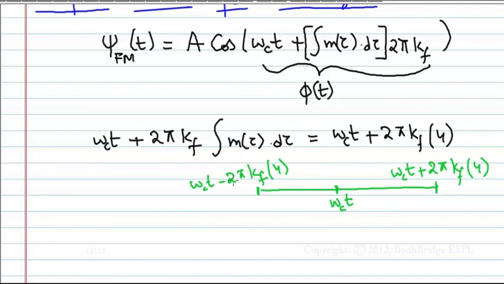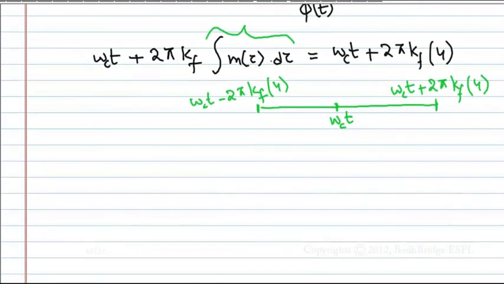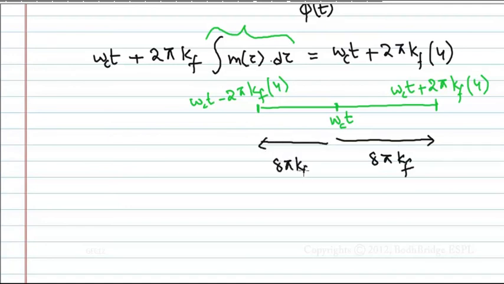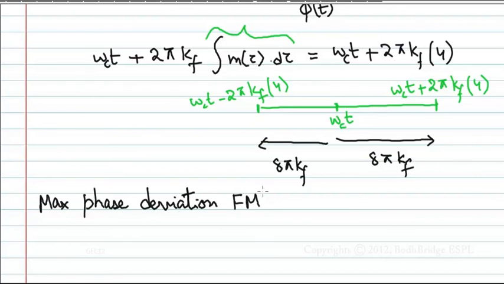It can be 4 or minus 4 area of this m of tau d tau. Therefore, what is the deviation? It is this part, that is 8 pi into kf, or this one. This side is 8 pi into kf. Maximum phase deviation for FM is 8 pi into kf.